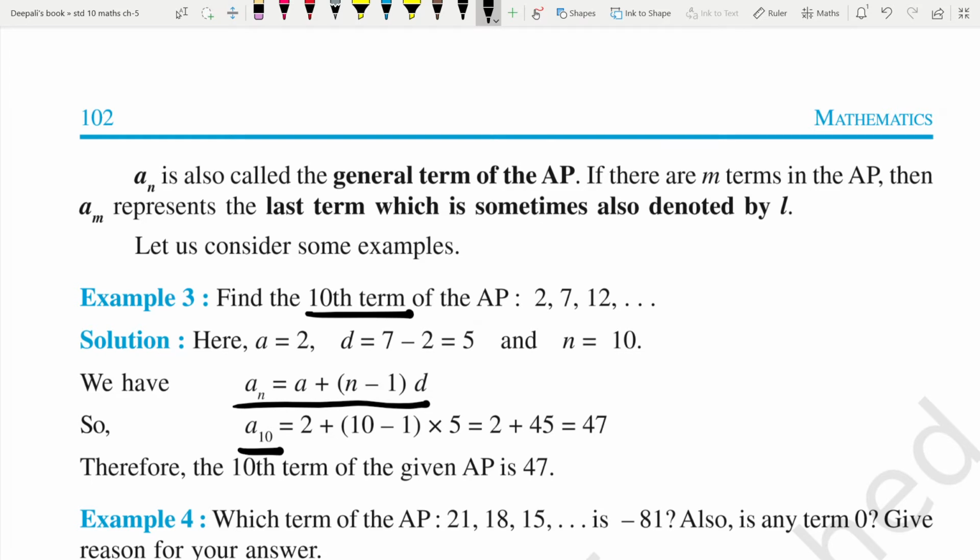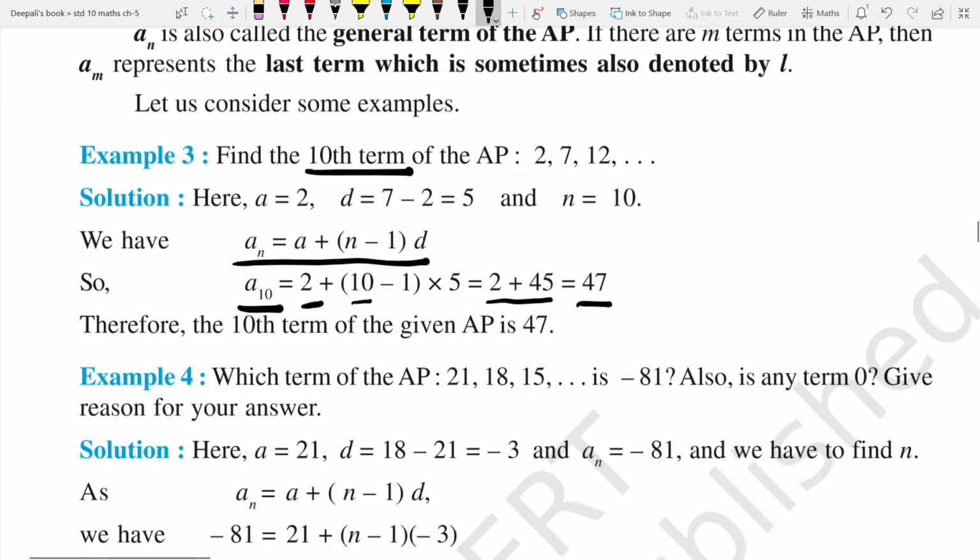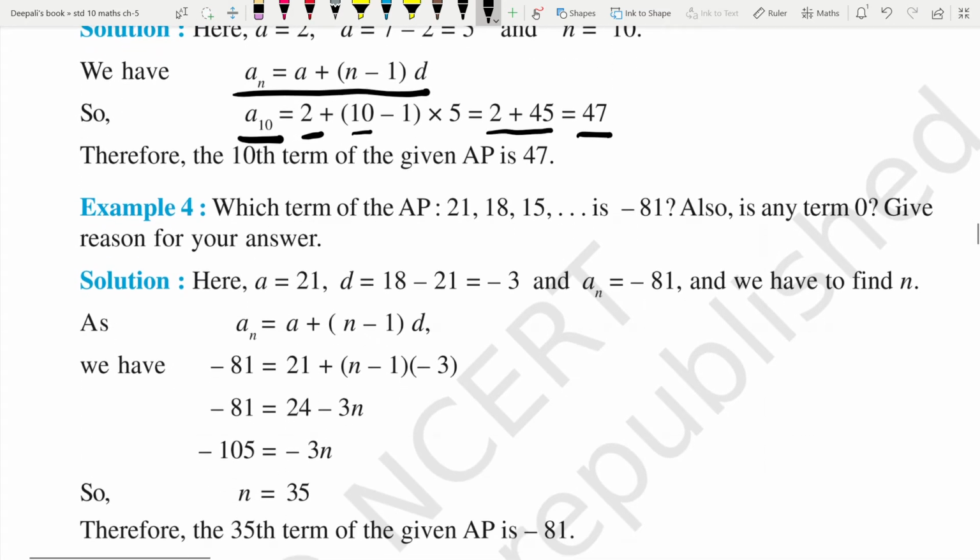So A10 is equal to, replacing the value of A by 2, n minus 1 because our n is 10, into 5, the value of D, will give us 2 plus 45, which is equal to 47. Isn't it very simple? Let us see the next one now.